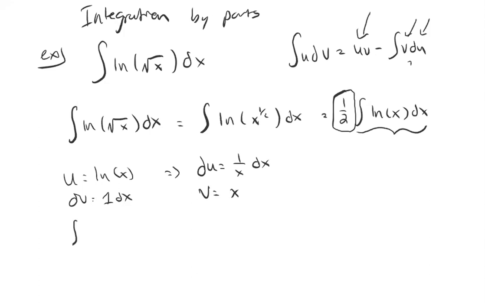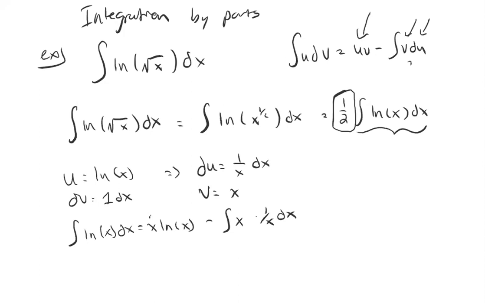So I claim that the integral of ln of x dx is u times v, which is x ln of x, minus the integral of v du. So that's x times 1 over x dx, right?